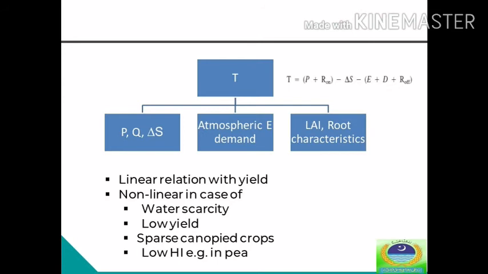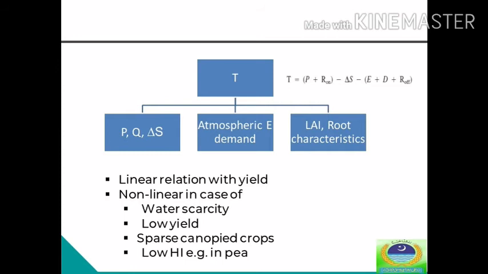Although transpiration has a linear relationship with crop yield, under dryland conditions, this relation may become non-linear due to water scarcity and low yield. When the yield levels are less than 50% of the potential yield, then the relation between transpiration and yield may no longer be linear.